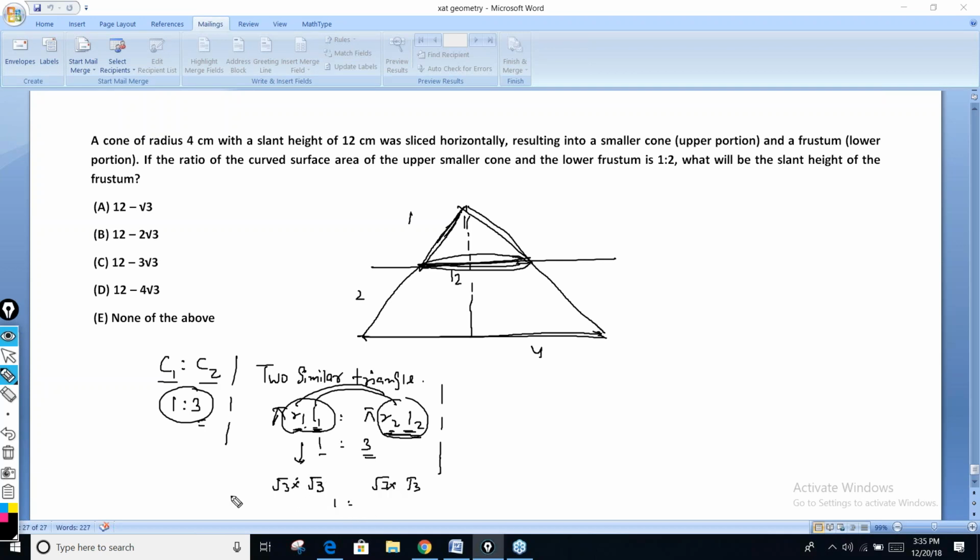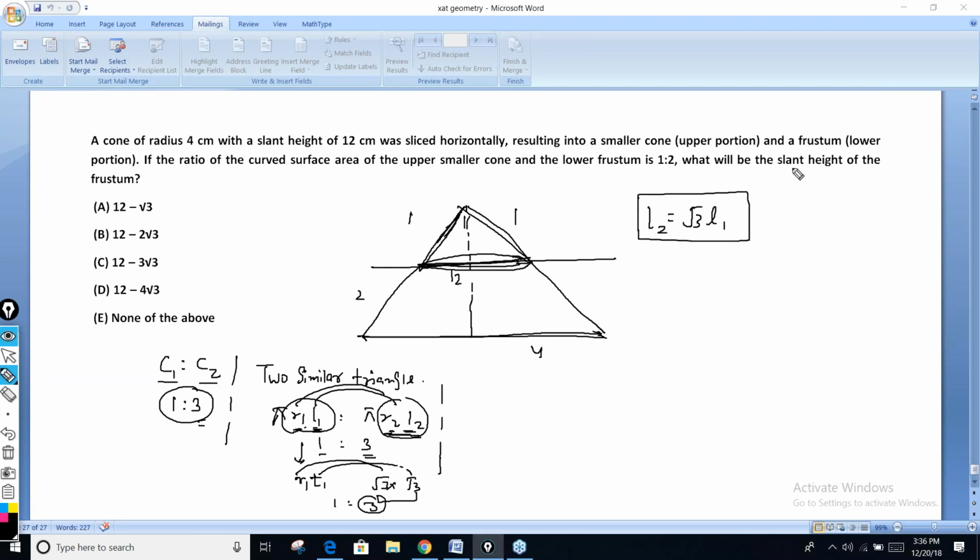If the radius of the smaller cone is 1 and slant height is also 1, the radius of the bigger cone will be root 3 times and slant height will also be root 3 times, then only the curved surface area is coming out to be 3 times. So the slant height of the bigger cone will be root 3 times that of the smaller cone.